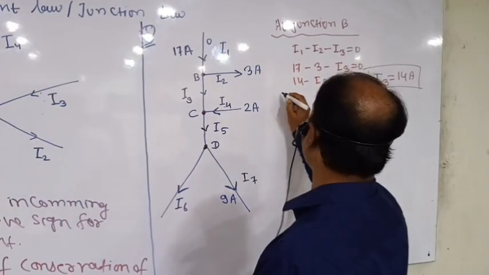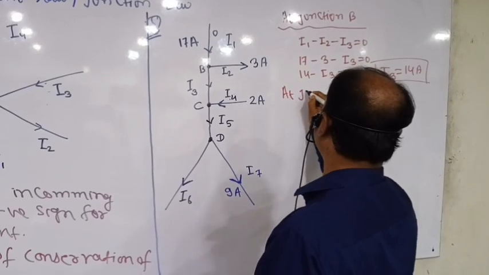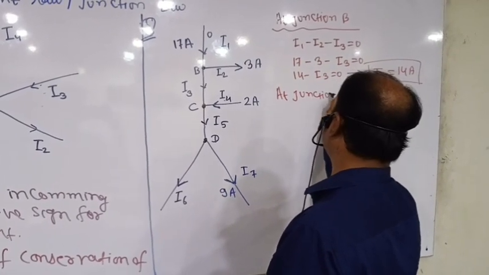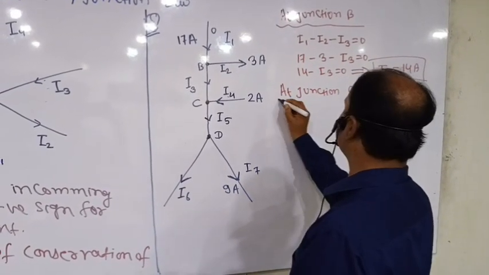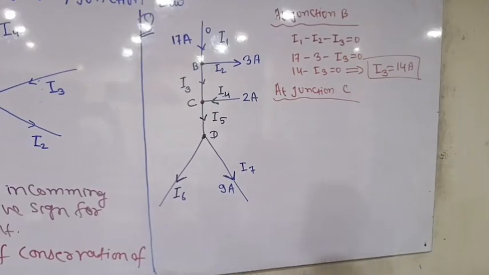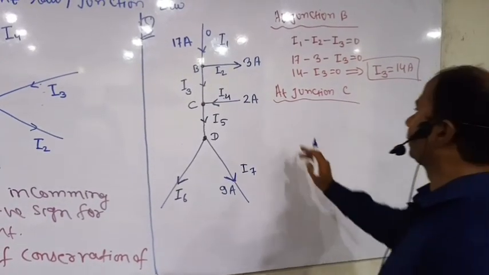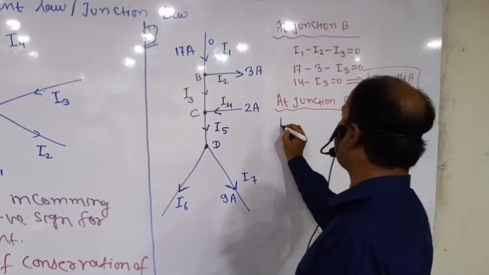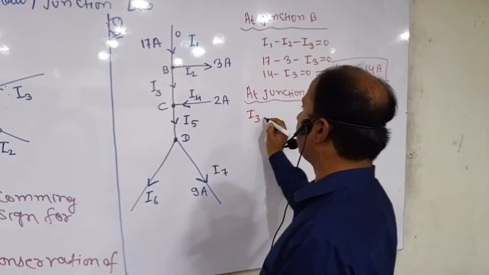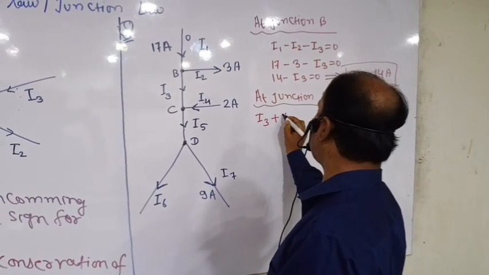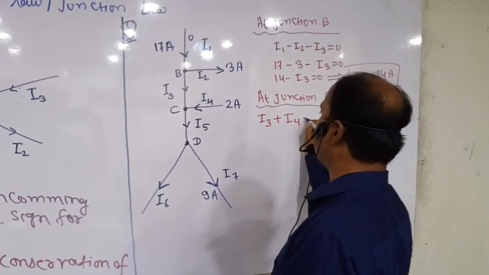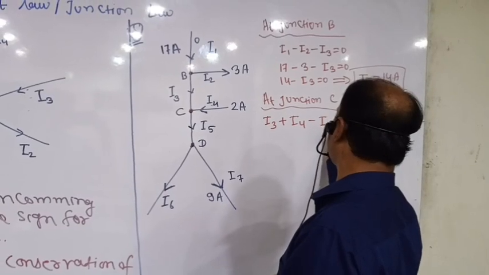Now we discuss junction C. Here I3 is incoming current, I4 is incoming current, and I5 is outgoing current.